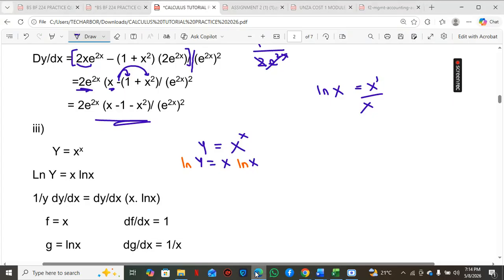All right. So first we're going to derive here the natural log of y. So the derivative of the natural log of y is equal to y prime over y. Colleagues, when you see this apostrophe here, it just means you're deriving.